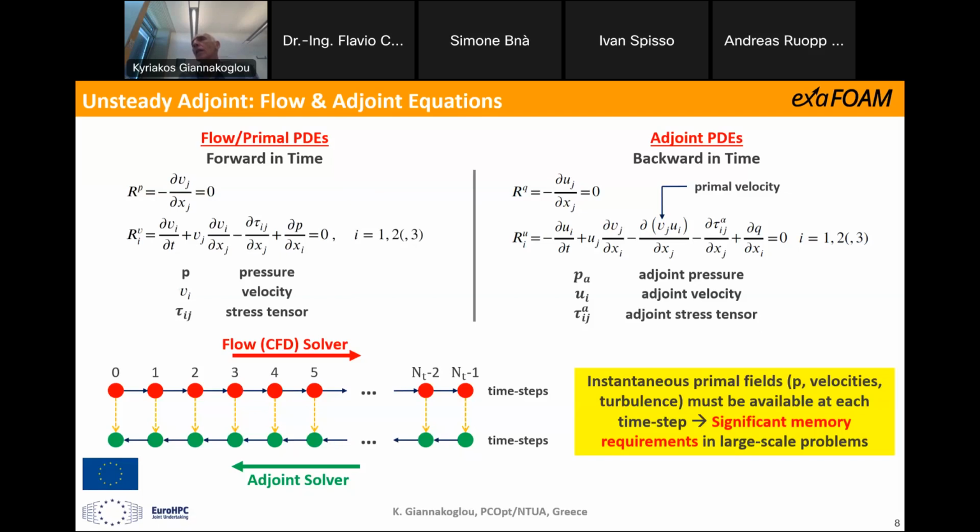The meaning of that is that when you are integrating the adjoint equations backward in time, then you should have access to all instantaneous primal fields like pressures, velocities, turbulence. So if you are ready to store everything, then this means that the memory requirements will be significant, and perhaps in large-scale problems, you cannot afford it.